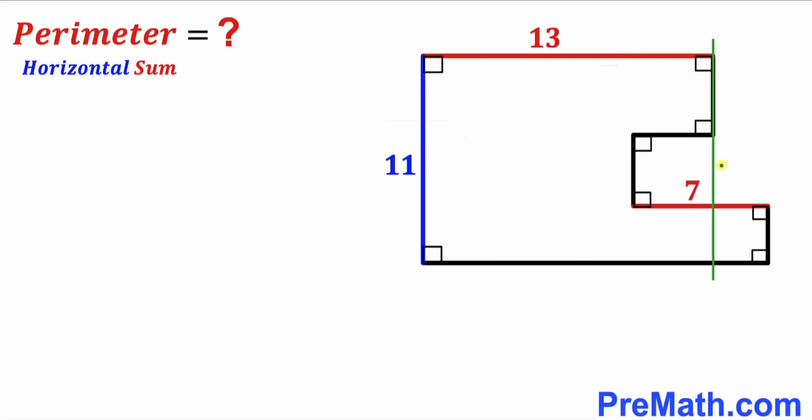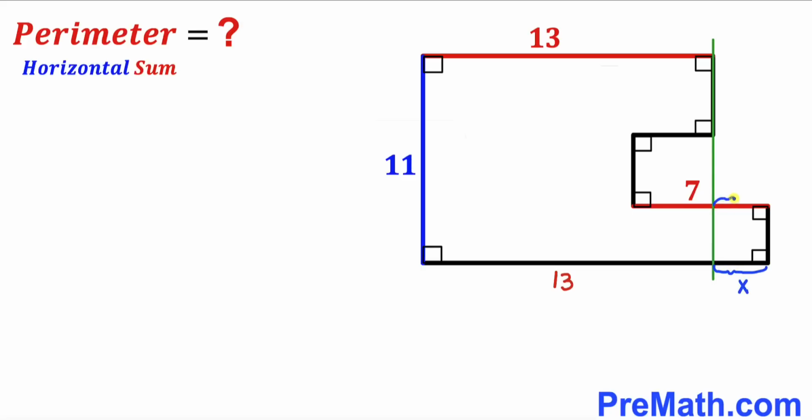Here I have drawn a perpendicular line. Now let's make an observation. We can see that this whole length is 13, and that is equal to this segment length, so this segment length is going to be 13 as well. Now let's assume that this remaining length is x units.